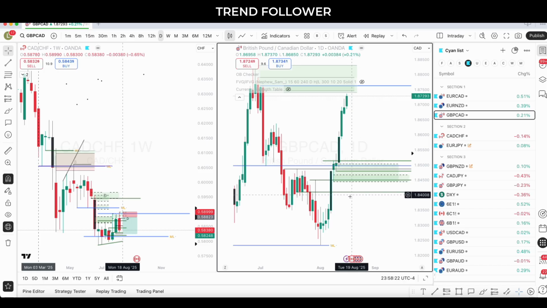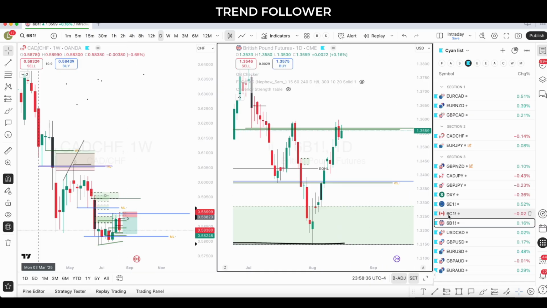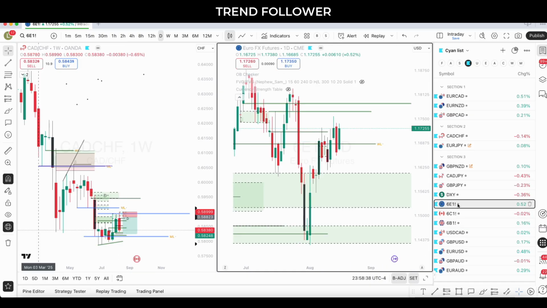What I want to start with is talking about what our focus would be. So our main focus would be targeting GBP slash Euro strength, right?